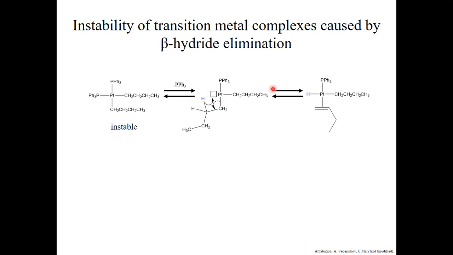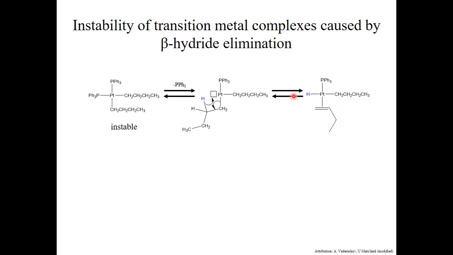Okay, now the result is that we have here an olefin bound to the platinum, and that olefin is a volatile olefin. So if you do not close your bottle completely, it can statistically detach from the platinum and just leave your bottle.